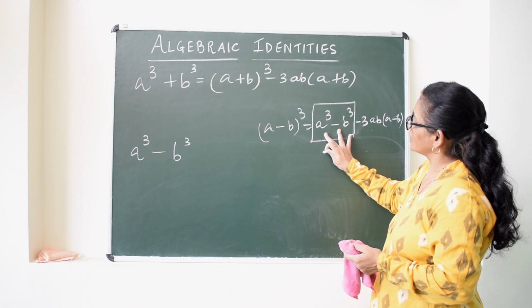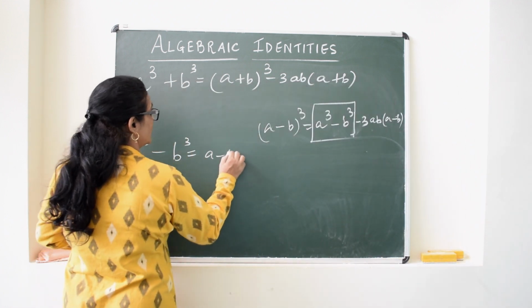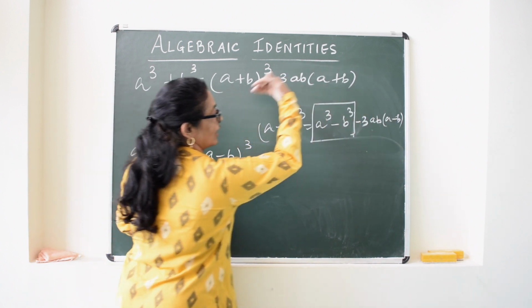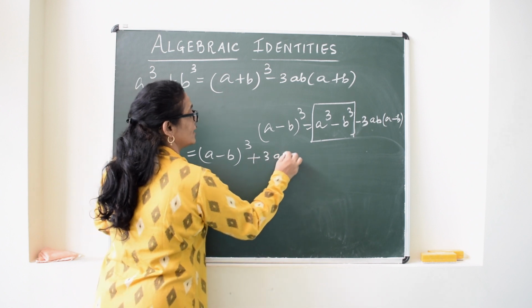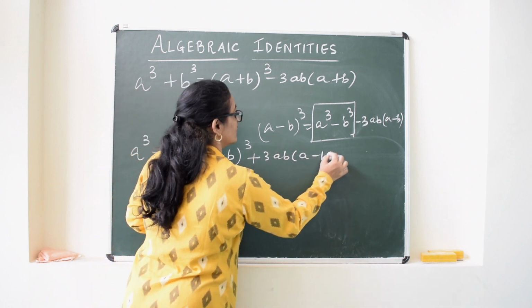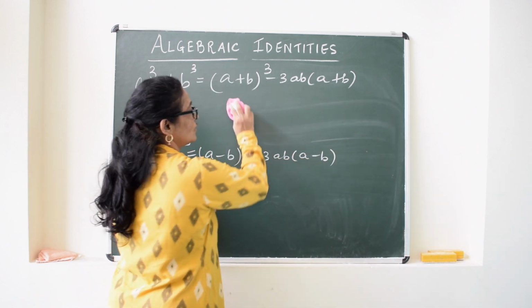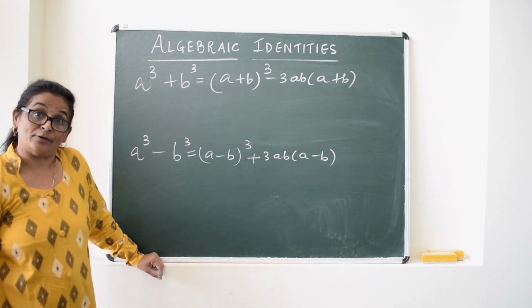So a cube minus b cube is equal to a minus b the whole cube, and this quantity will come this side, so that would be plus 3ab into a minus b. So these are two forms which we use in the evaluation.